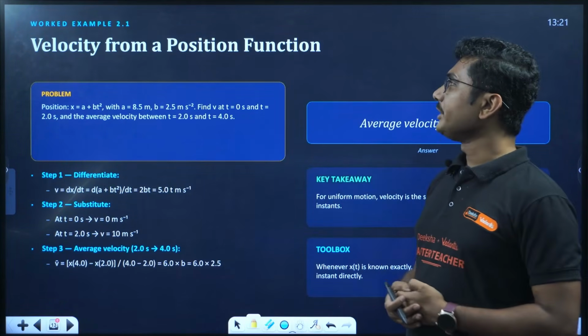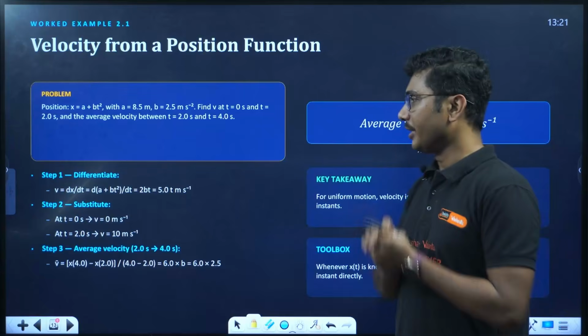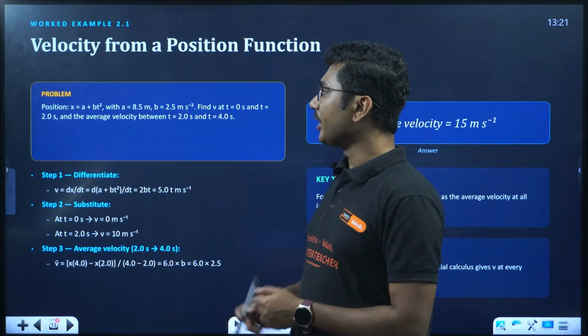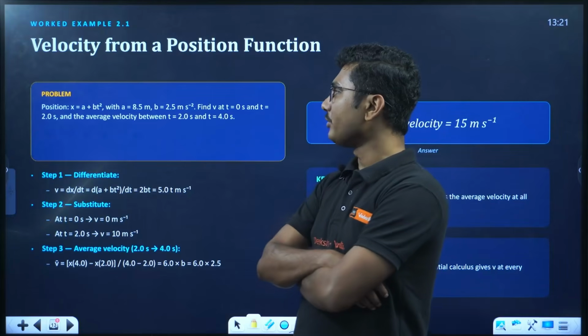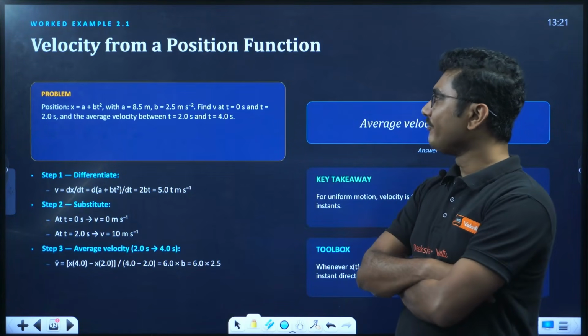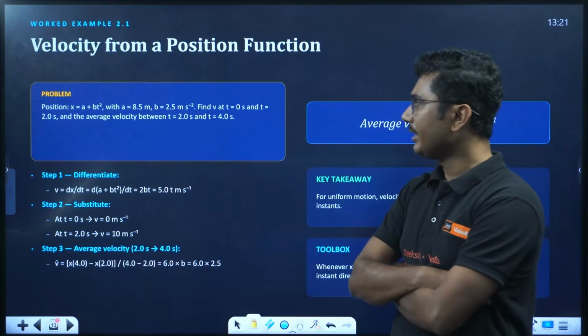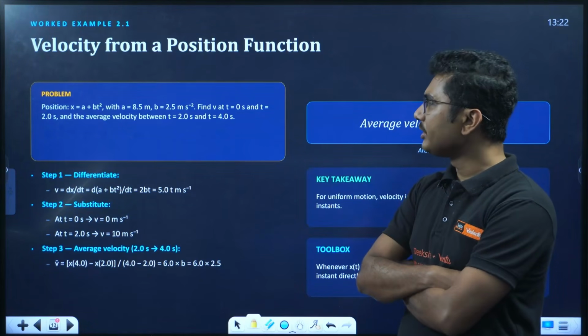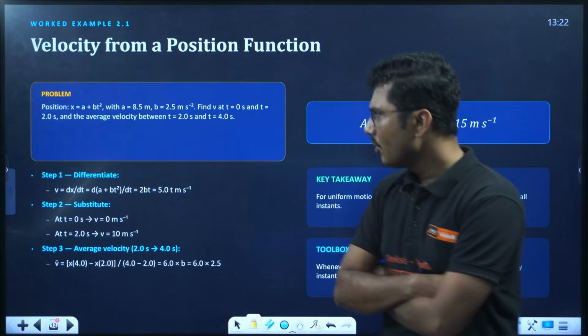Now, velocity from a position function. Now let us understand a little bit about differentiation. The position is given as x equals a plus b t square, and the values of a and b are given. Find v at t equals 0 seconds, t equals 2 seconds, and the average velocity between t equals 0 and t equals 4 seconds.